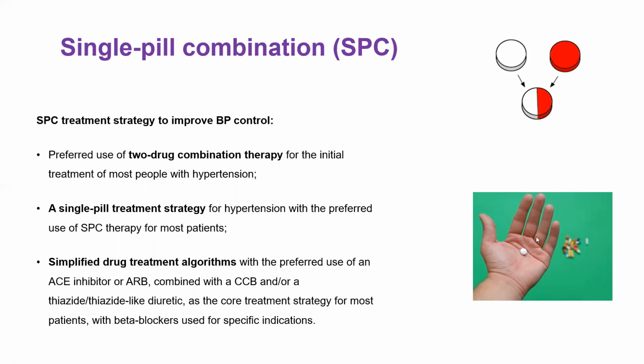In order to increase compliance, we use single pill combination, a fixed combination of two drugs. For example, this white and red colored tablet contains two medications: ACE inhibitor, white colored, and calcium channel blocker, red colored. But from patient's point of view, he's using only one tablet, only one drug.